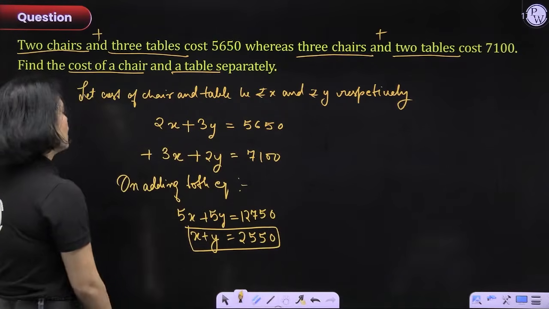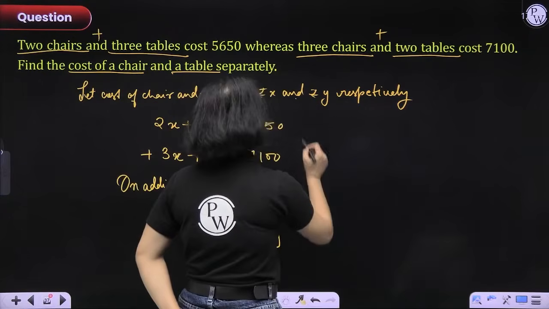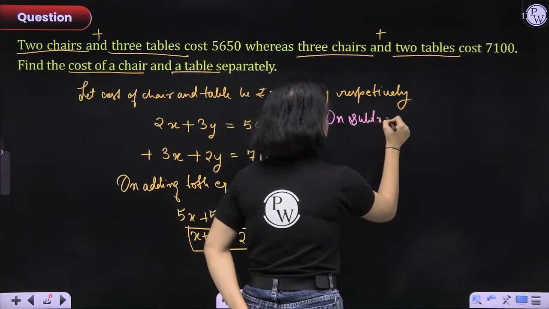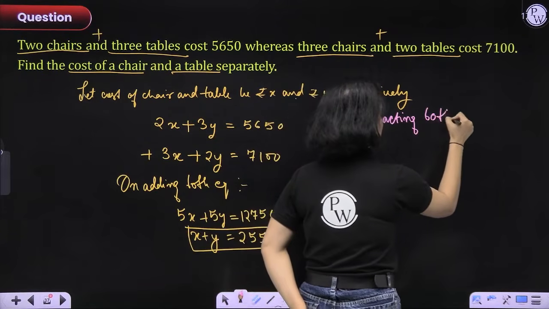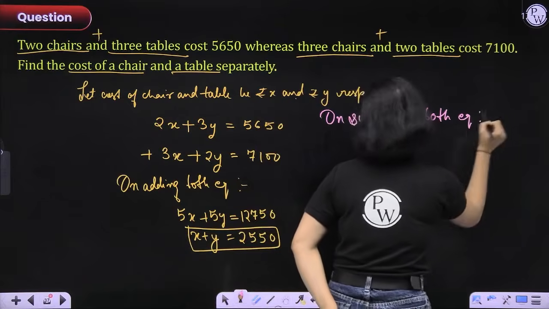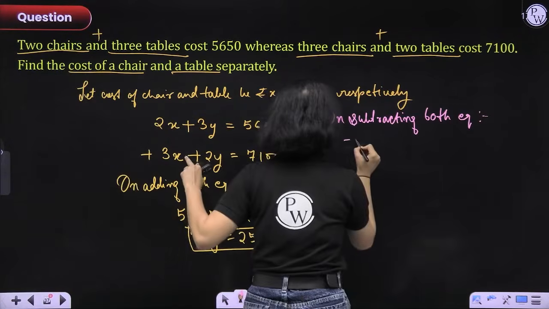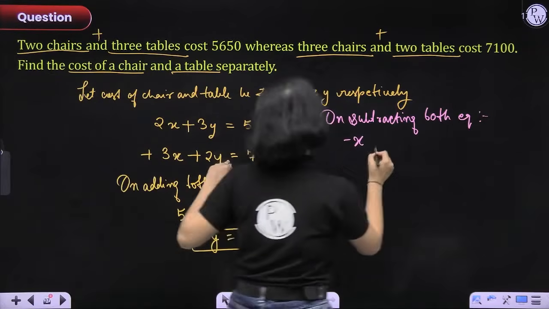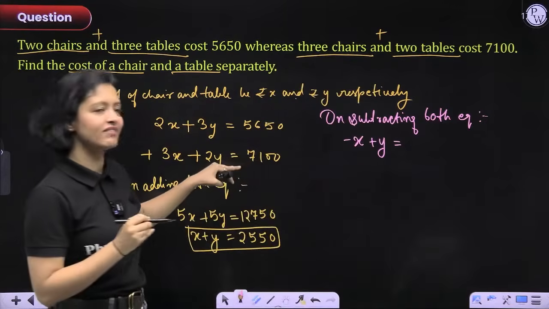Another thing that we'll do is subtract both the equations, guys. On subtracting both equations, what do you get? 2x minus 3x is minus x, 3y minus 2y is plus y, equals 5650 minus 7100.